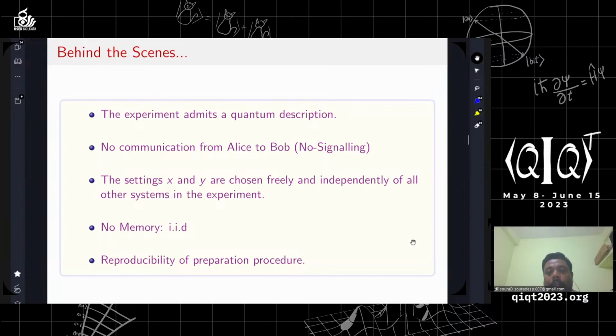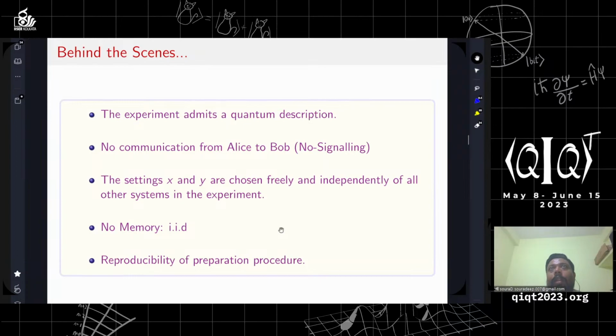This is very important, because if Alice communicates with Bob, then even without quantum correlation, quantum mechanics can violate a Bell inequality without having the quantum correlation. So this is not really an assumption, it's more of a requirement to do the test. And also, Alice's settings and Bob's settings are chosen freely.